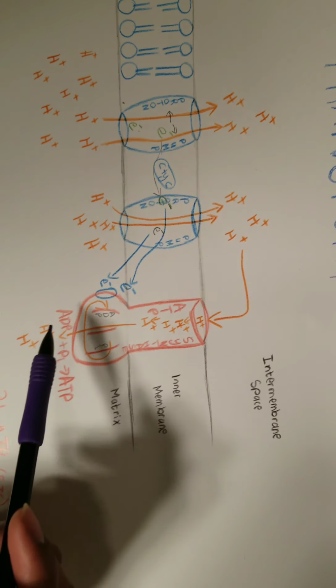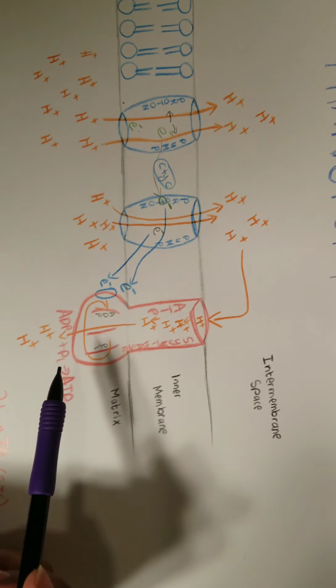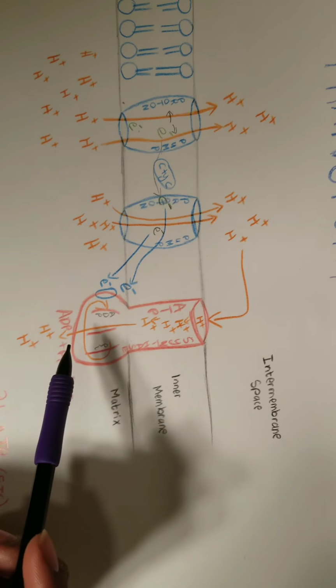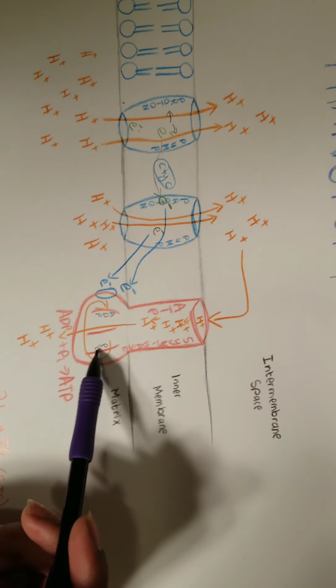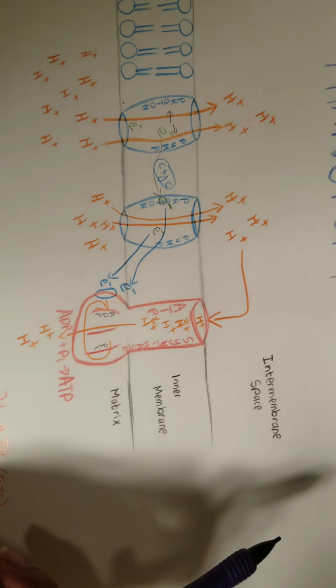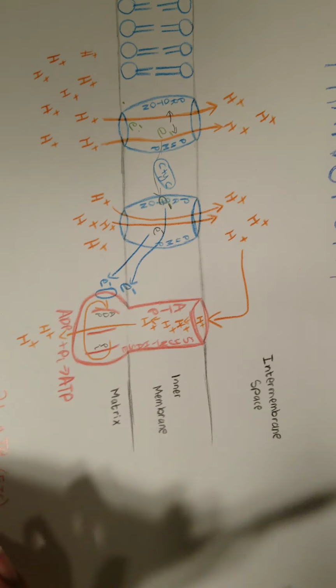It's going to spin, and when the blades spin, they allow ADP and then the Pi, I don't know how to say that, the Pi, to attach onto it. So when they attach onto it, it keeps spinning.